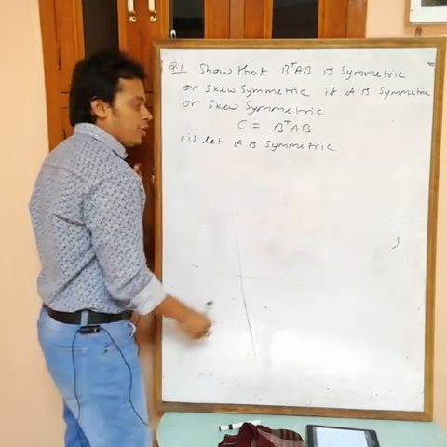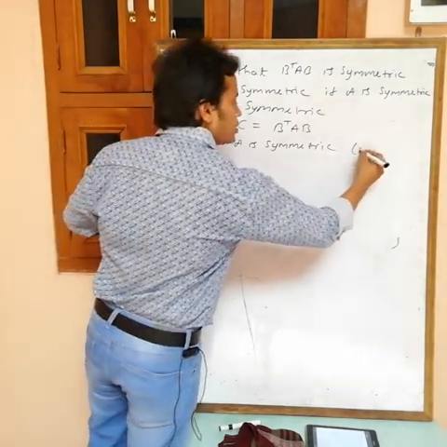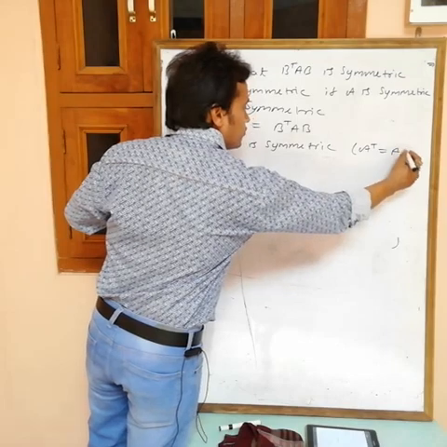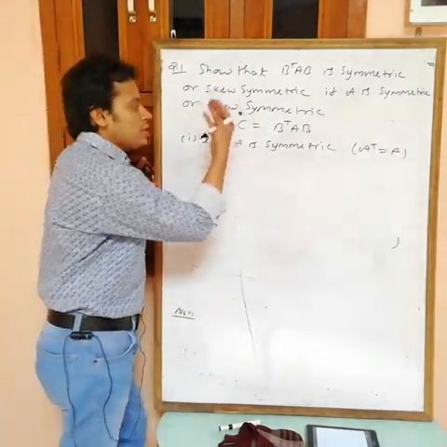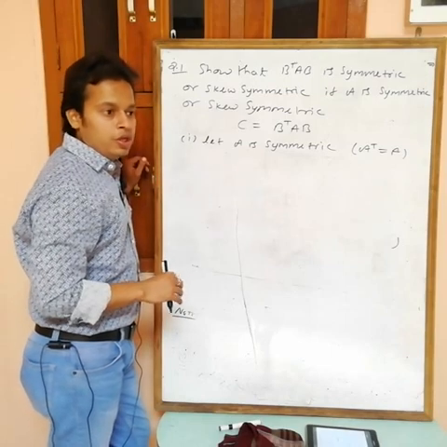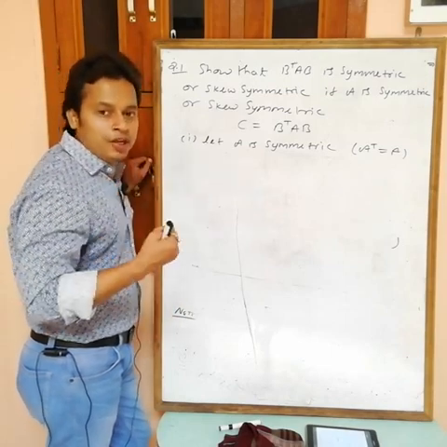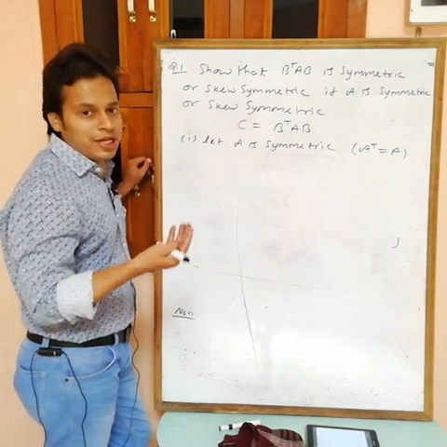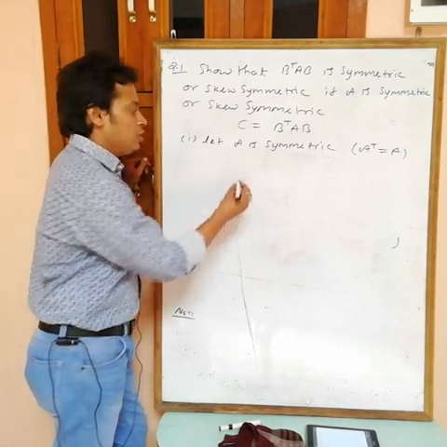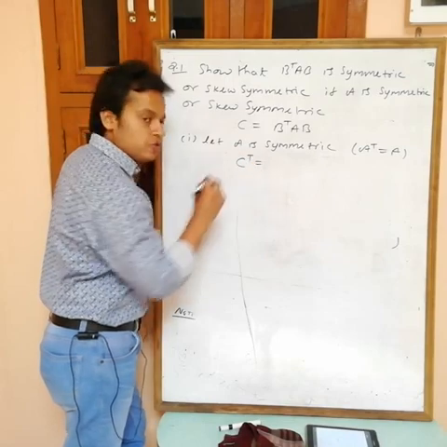A is symmetric, it means A transpose equals A. Now we want to prove that C is also symmetric. A matrix is symmetric if its transpose equals itself, so we need C transpose equals C. So find the value of C transpose.